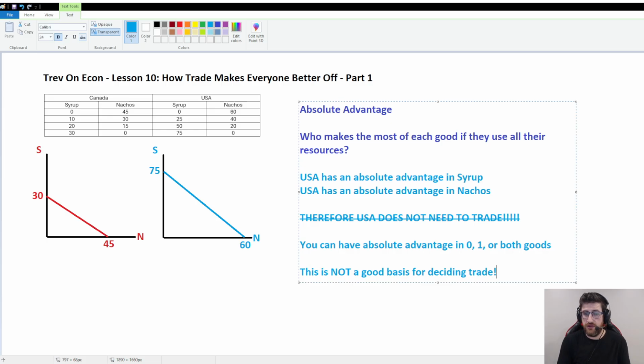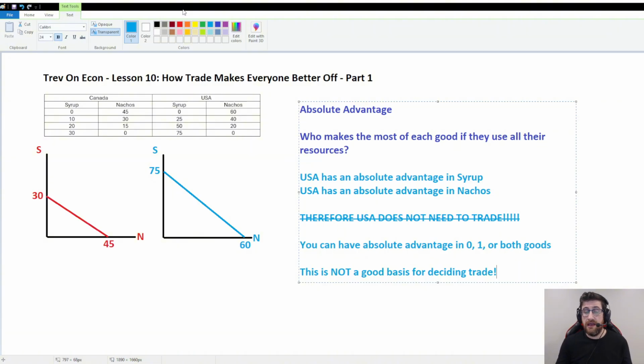I will prove to you that even though the US is better at syrup and nachos from this standpoint, we're going to look at a different standpoint in a moment and see that that's probably a better tool. And that tool usually dictates that trade is a good idea. So absolute advantage is absolutely basic and kind of absolutely useless.